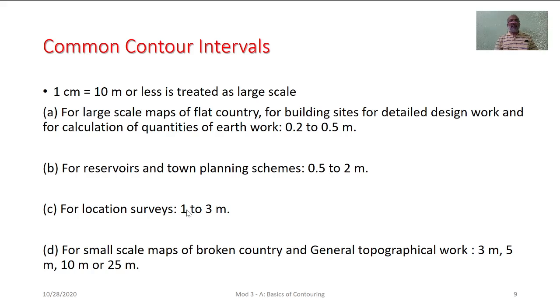There are certain surveys in which there is an essential requirement to plot the features that we already have with reference to the survey lines or traversing networks that have been plotted on the site. Such surveys are called location surveys, and in such a category we can make use of a 1 to 3 meter contour interval.